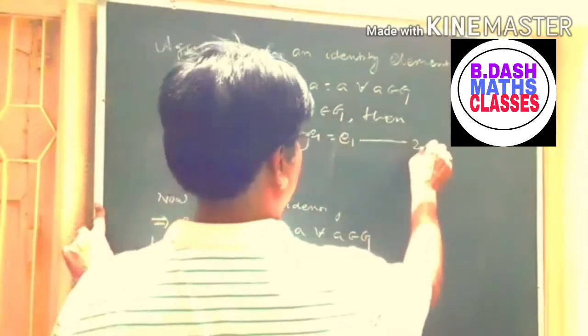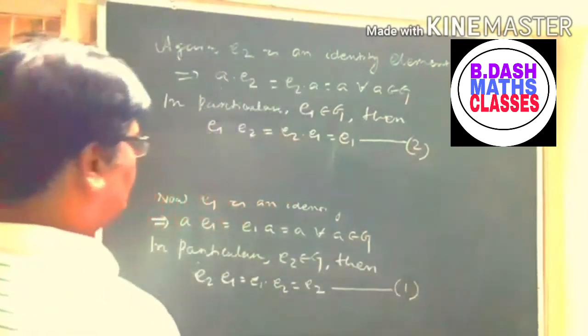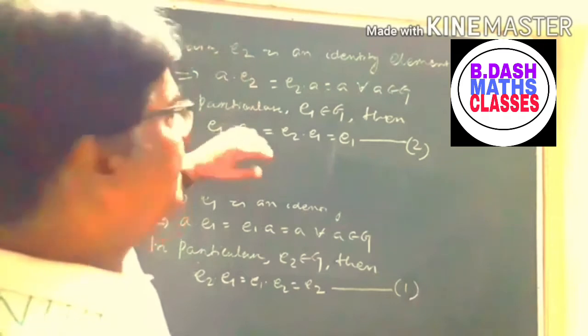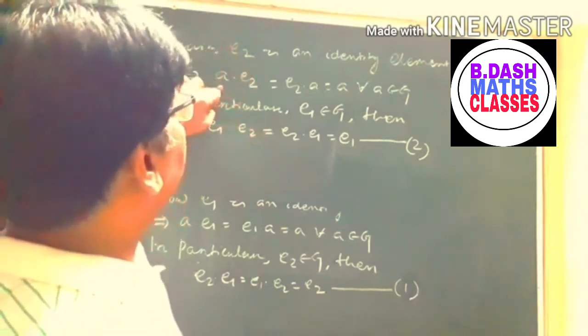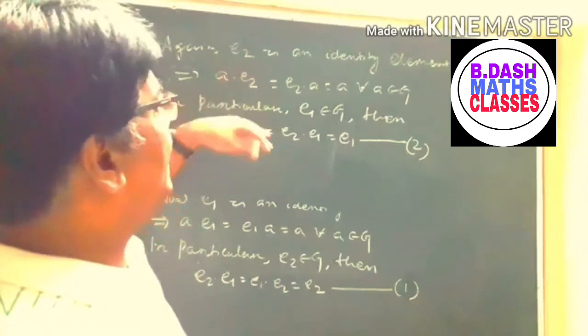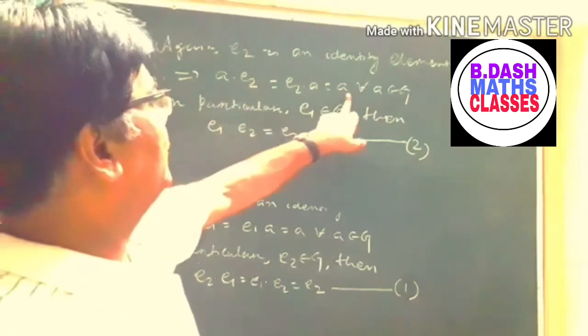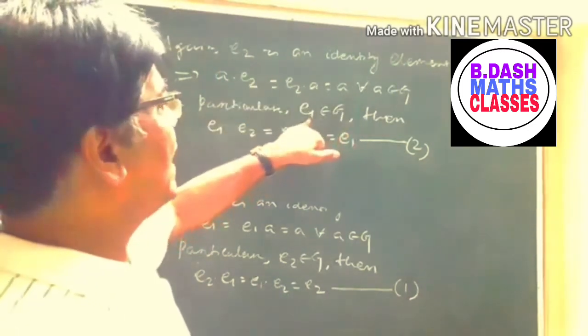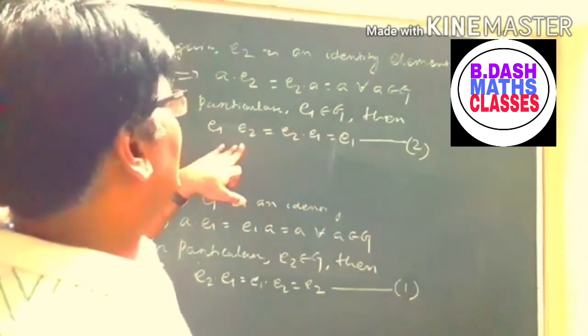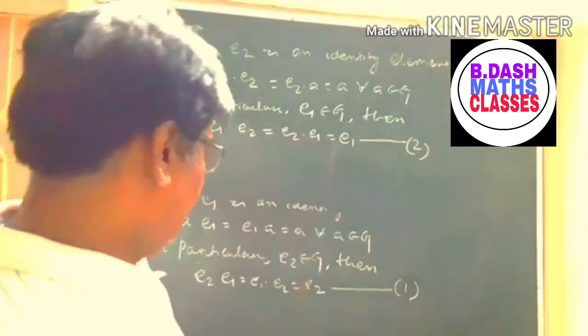This is equation 2. So, as we are choosing E2 as an identity element, when it is multiplied with A, some other element of G, it will give you A. Similarly, E1 multiplied with E2, as E2 is the identity element, will give you E1.